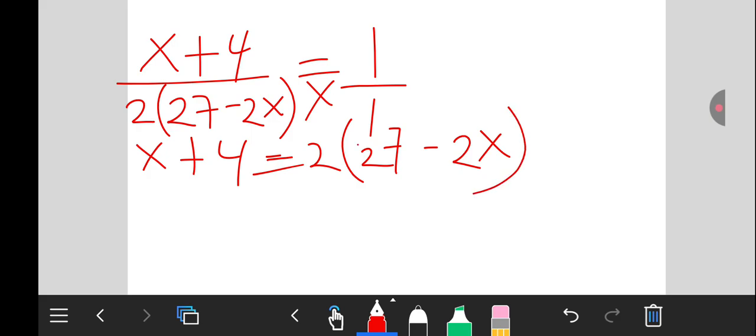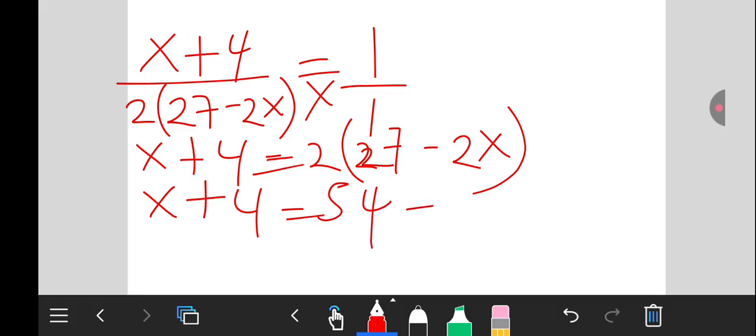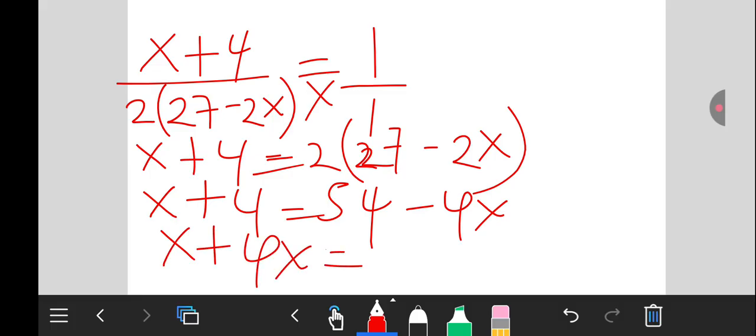So we can now say x plus 4 is equal to 27 by 2, that should give 54, minus 2 multiplied by negative 2, that should give negative 4x. Then you can take x this side, so it will be x plus 4x is equal to 54. This 4 will go to the other side, it will be minus 4.